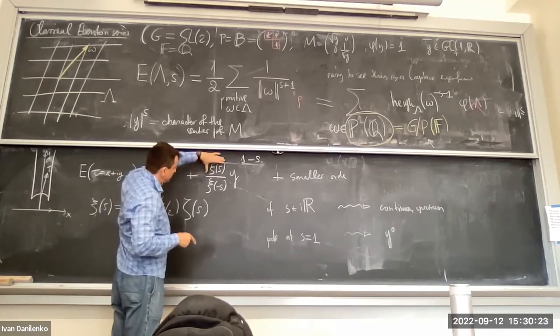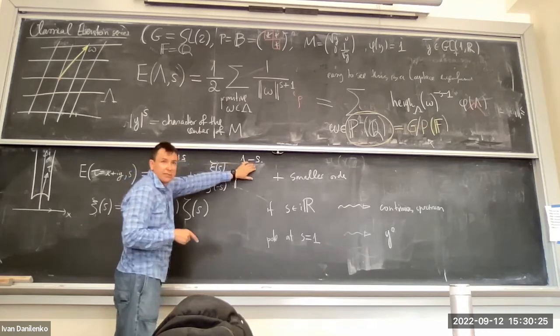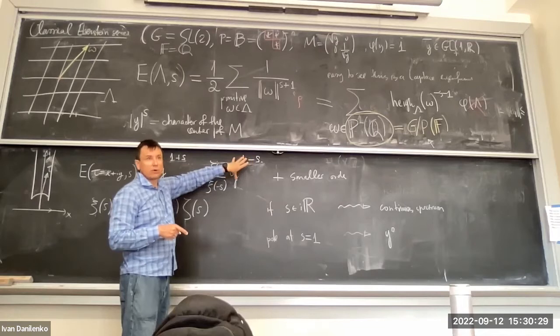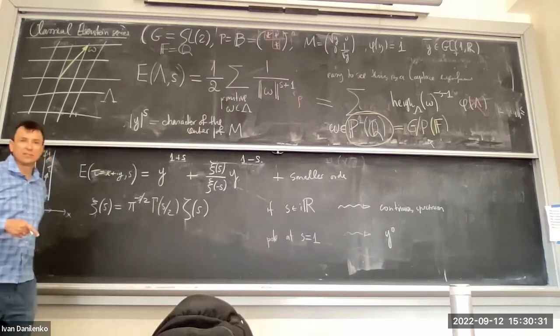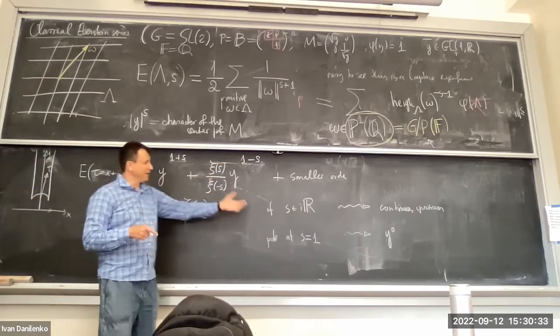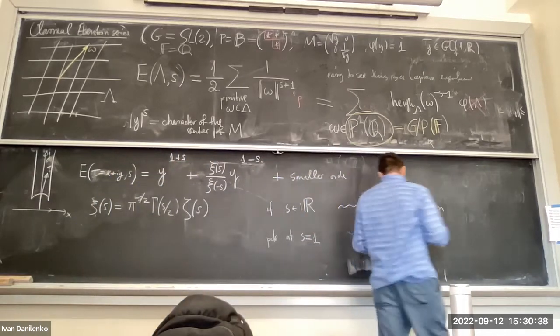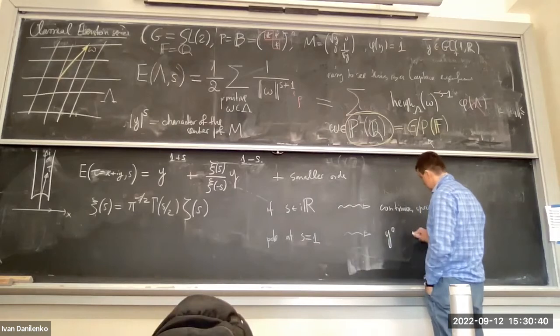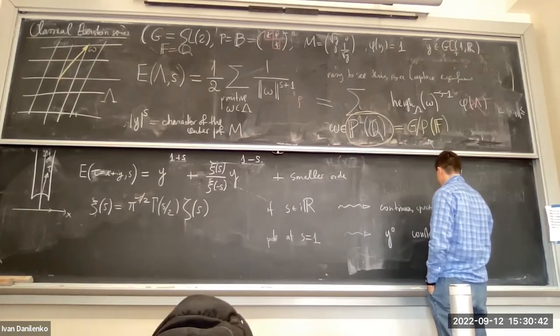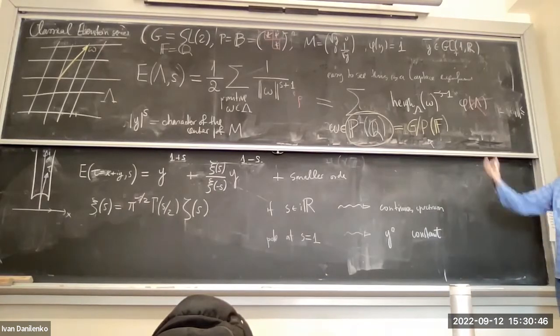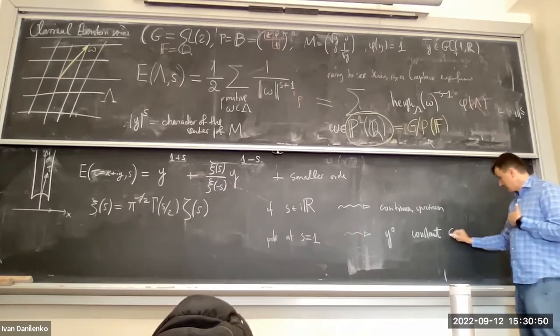So the residue would be just this evaluated at 1, like y to the 0. So what would be the eigenfunction with the same eigenvalue as y to the 0? Well, it's the constant. In fact, the constant function on the modular figure would be in the finite volume.